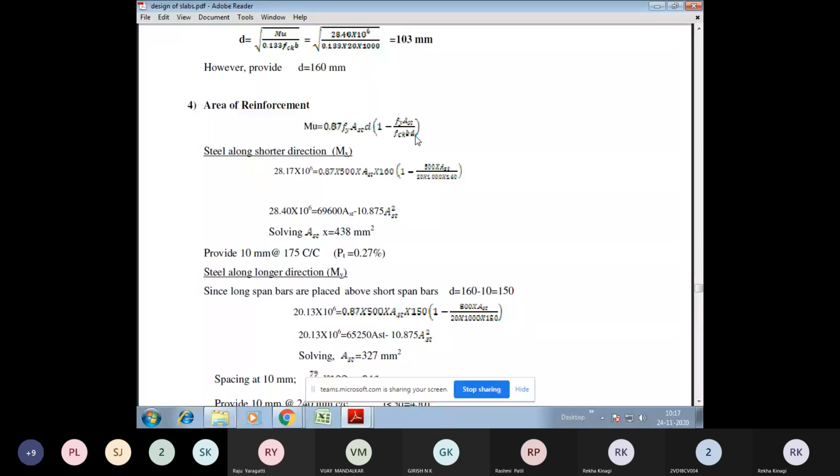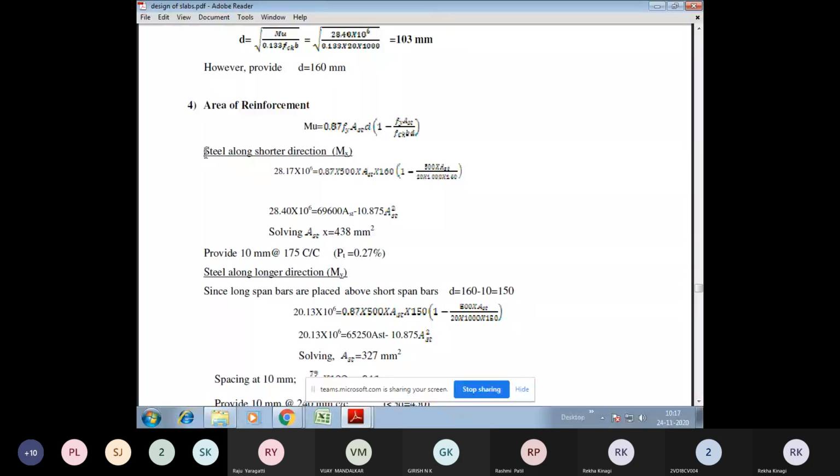Here we'll be getting two values of Ast. Out of those two values, we need to consider only one. So you can use even the equation Ast is equal to 0.5 fck b d divided by fy into 1 minus square root of 1 minus 4.6 Mu divided by fck b d square. Either of the two equations you can consider.